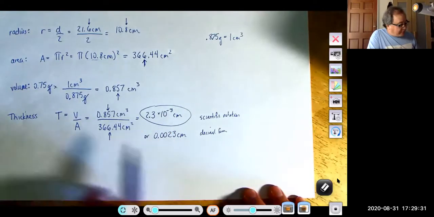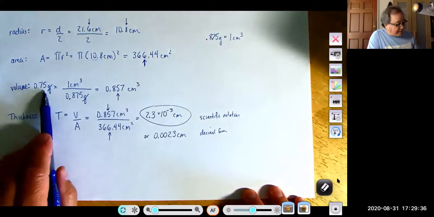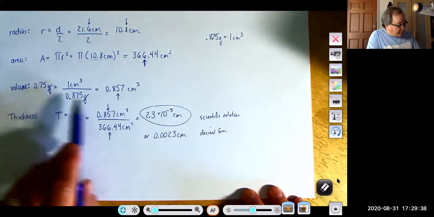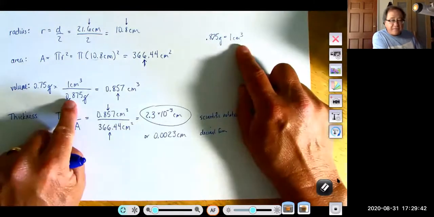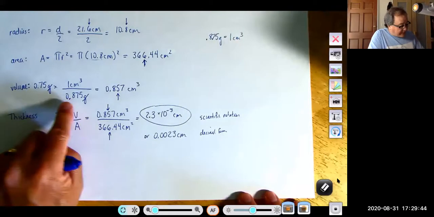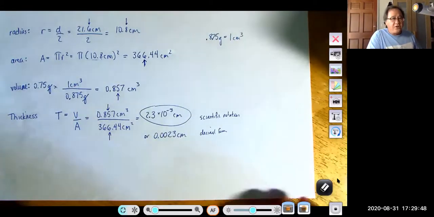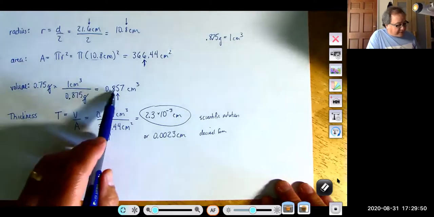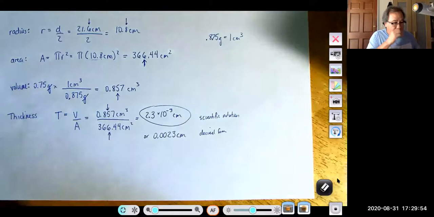Now for the volume, I start with the 0.75 grams of oil, and I multiply by the density, but I put the 0.875 grams on the bottom so that the grams cancel and the 1 centimeter cubed on the top. So here we get 0.857 centimeters cubed, and again my arrow pointing to where I would round.